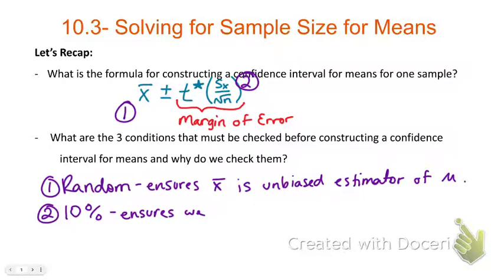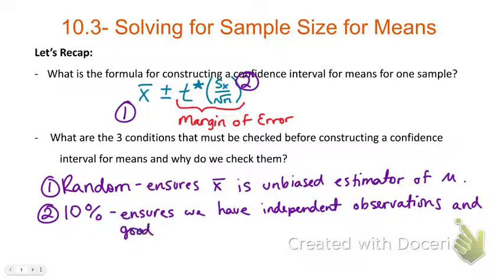Yeah, the 10% condition, we check it to ensure that we have independent observations and good variability from the population.